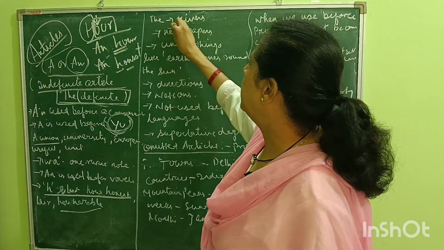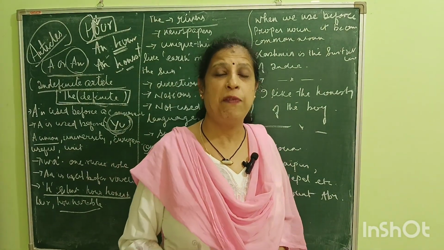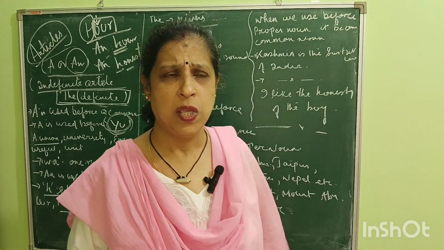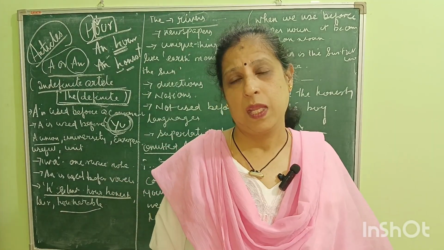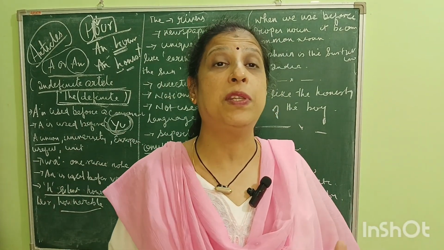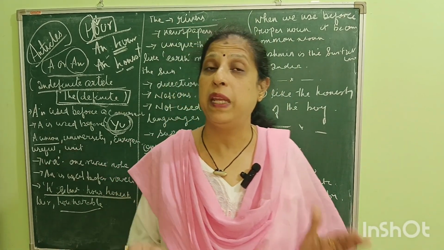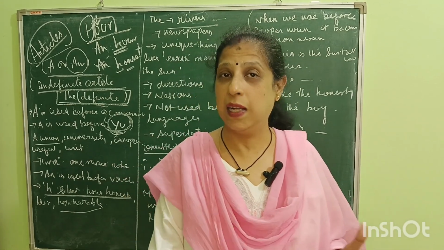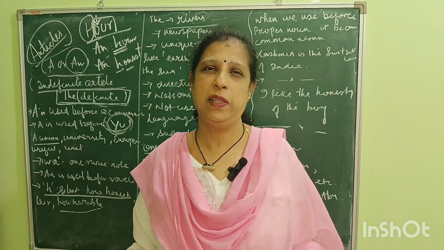Now where do we use the? The is specially used before the names of the rivers. Why? Because it's a proper noun. Before all proper nouns, we can use the, because a proper noun is a noun which has a particular name. When we say a particular name, we use the. So the Ganga, the Yamuna, the Saraswati, the Mahanadi, the Bhagirathi.